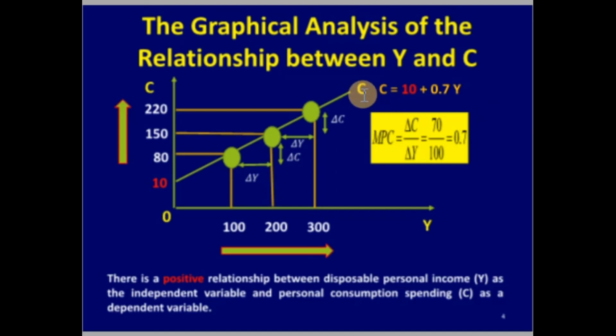Therefore, the total personal consumption spending equals 10 plus 140 equals 150. And when Y equals 300, the induced consumption equals 210. Therefore, the total personal consumption spending equals 10 plus 210 equals 220.